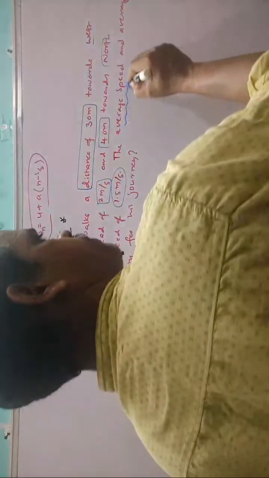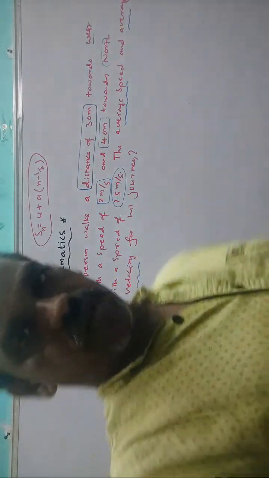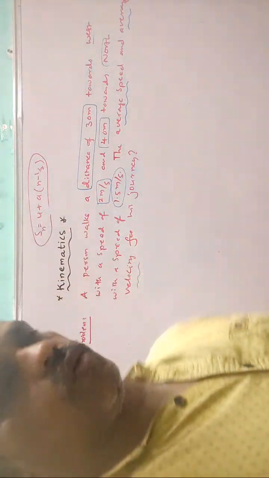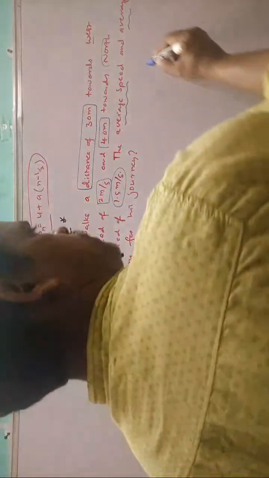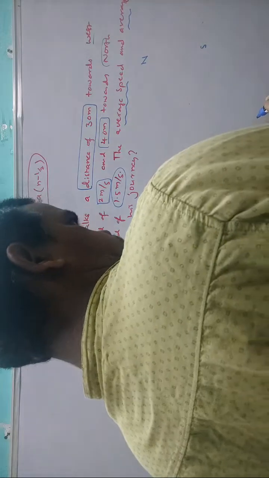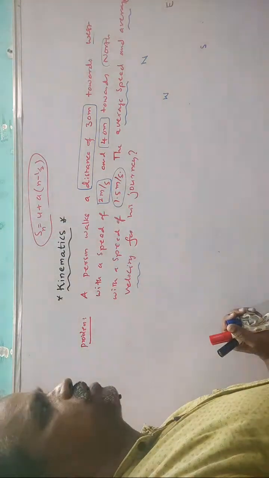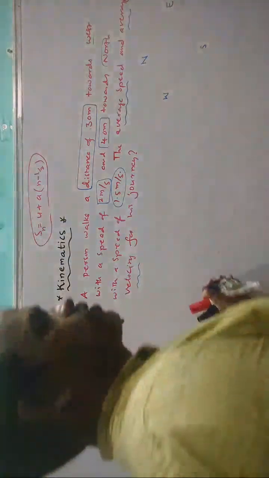So we have to find average speed and average velocity for his journey. So always take north, south, east, west.